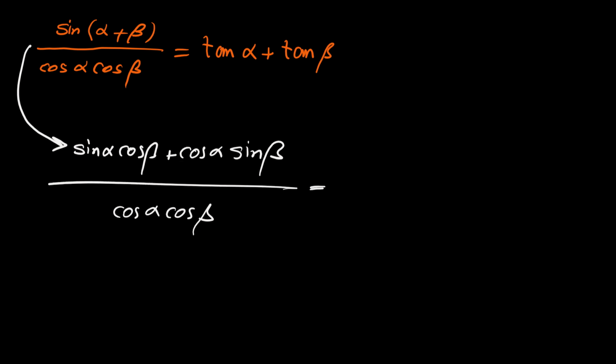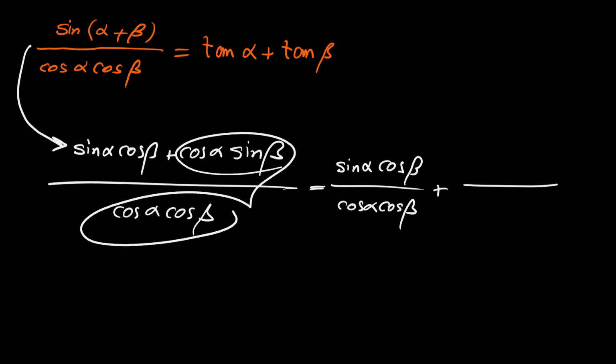So we separate numerator over denominator. Then we have sine alpha cosine beta over cosine alpha cosine beta plus this term over this term, which is cosine alpha sine beta over cosine alpha cosine beta.